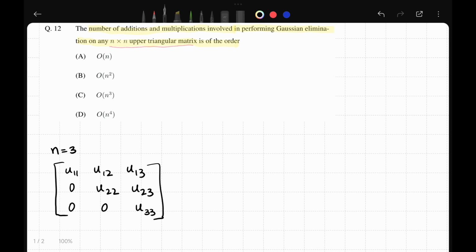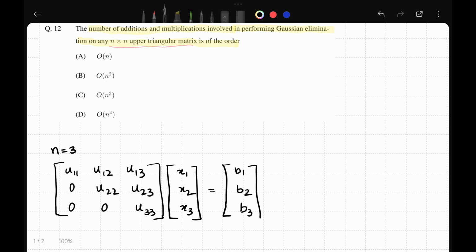So this is the upper triangular matrix. And since we have to solve this, let's also consider x1, x2, and x3 equals to say some b1, b2, b3, right?